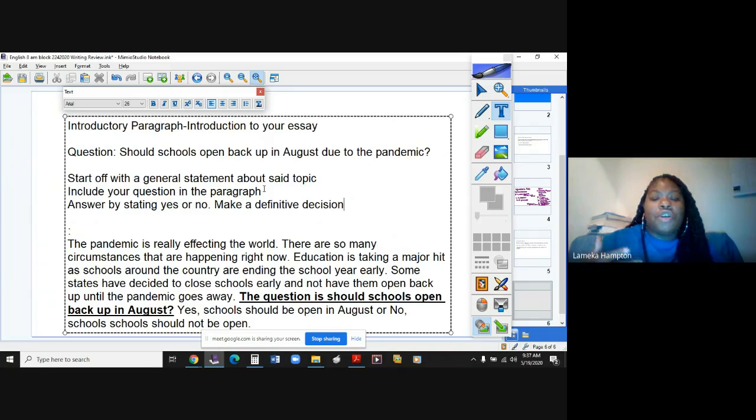For example, I personally think that the school should not open, but I can't write that in my essay, because I am taking a subjective side versus the objective side. So I have to write this as if I don't know. But based on the evidence and the information I'm getting from the news and other platforms, I can make a sound decision. Very, very important.